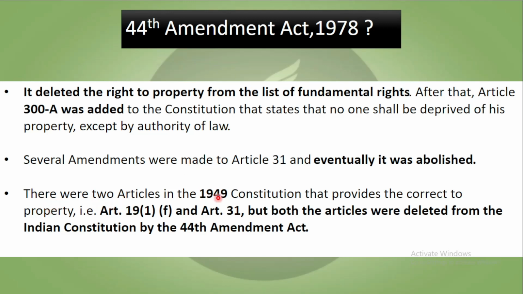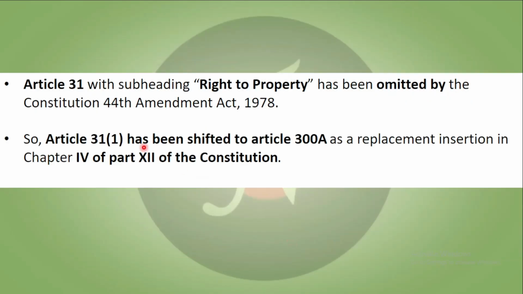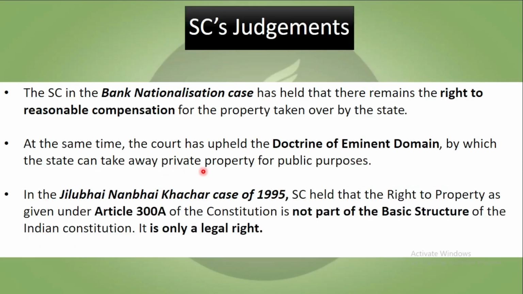There were two articles in 1949, Article 19(1)(f) and Article 31, but both were deleted from the Indian Constitution by the 44th Amendment Act. Article 31 clause 1 has been shifted to Article 300A as a replacement, inserted in Chapter 6 of Part 12 of the Indian Constitution.